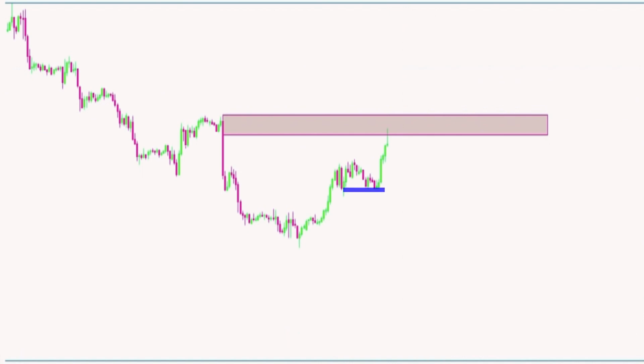We can see market making liquidity of equal lows, and this gives us a higher probability that the price would come and tap into this bearish order block zone and then go downwards. We can see price coming back to this bearish order block zone, and thus, we would switch over to the lower time frame, which is 15-minute, in order to have change of character confirmation.